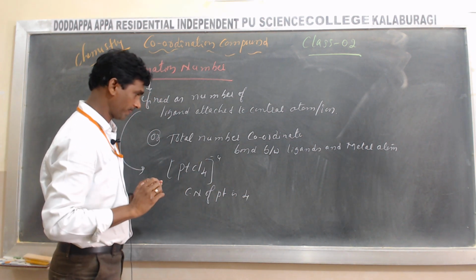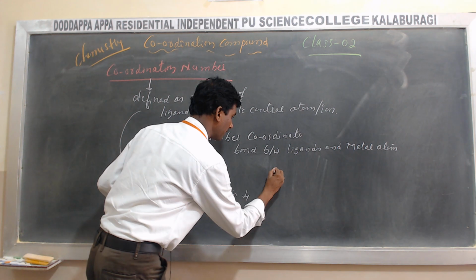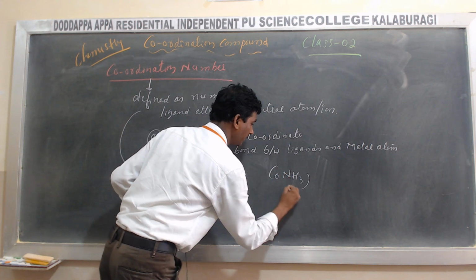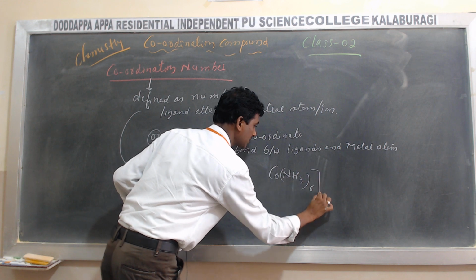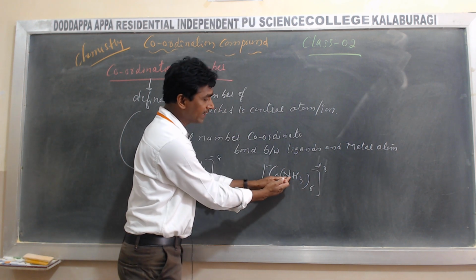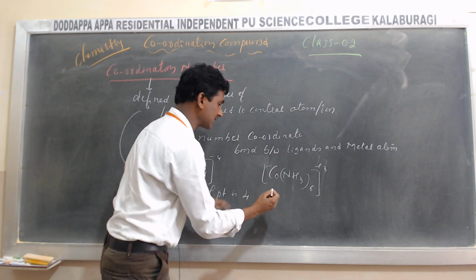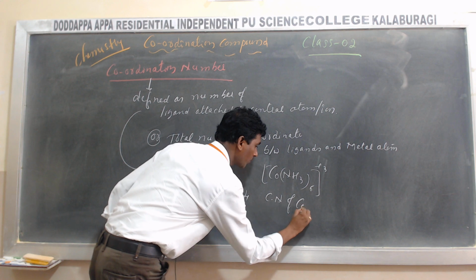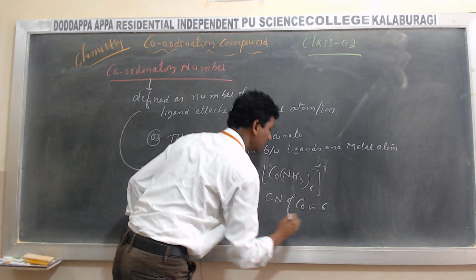And next, for example, [Co(NH3)6]3+. How many ligands are attached? Total 6 ligands are attached, so the coordination number of cobalt is 6.